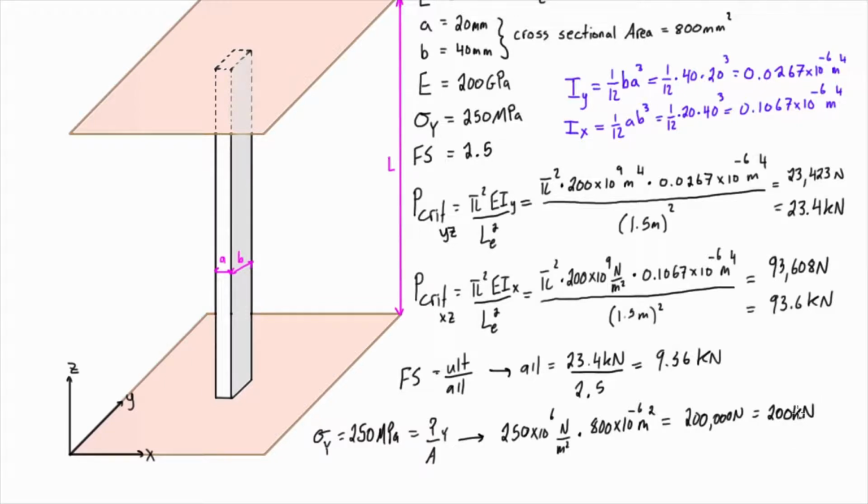Basically, this material will yield when we apply 200 kilonewtons to this exact column, and that's way more than 23.4, so it's going to buckle first. So it's safe to say that this column will buckle in the YZ direction.